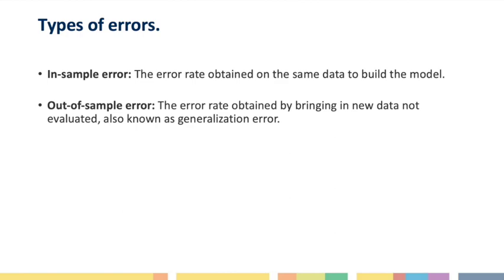There are two types of errors that we can fall on whenever we analyze data with this approach for data mining. The first one would be in-sample error, and this is when we use our data set for training, the data that are going to be used to teach the machine to create that function.